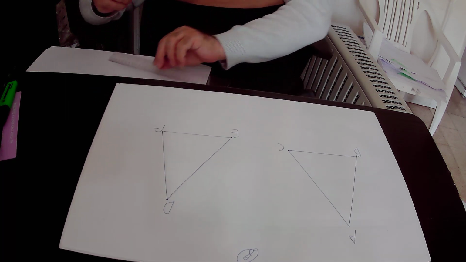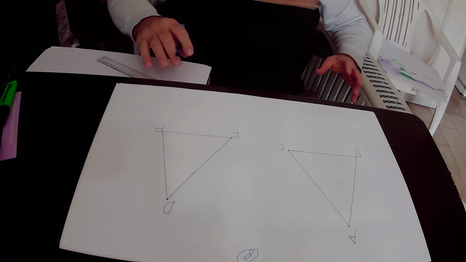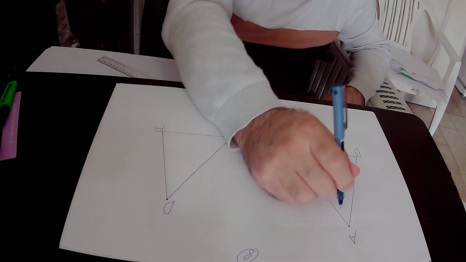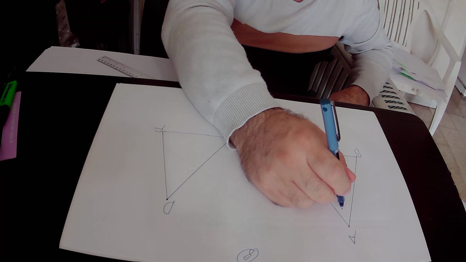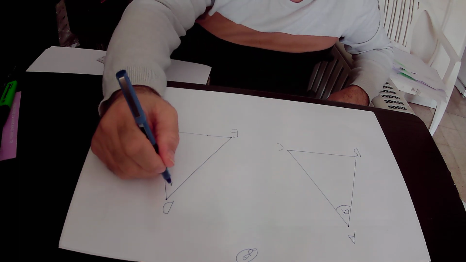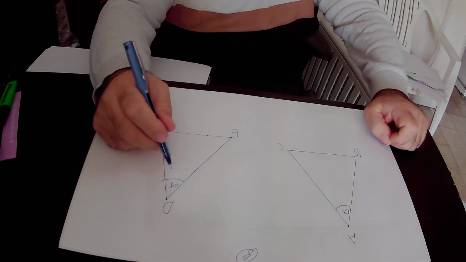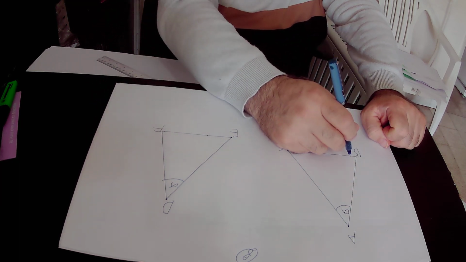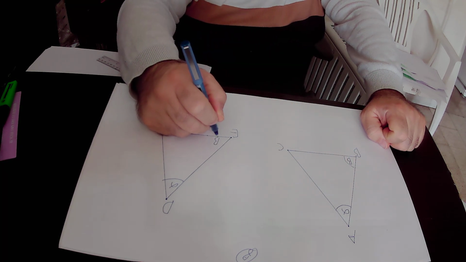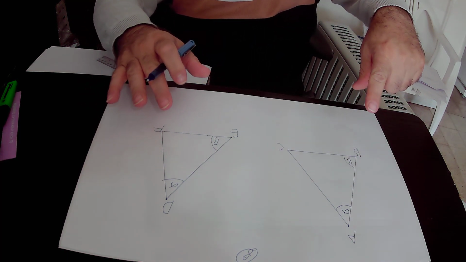And two pairs of angles congruent in those two triangles. Here we have the first pair of angles that are congruent, angle alpha congruent to angle alpha. This is the first pair of angles that are congruent in both triangles. And we have also the second pair of angles that are congruent to each other. Angle beta is congruent to angle beta. So we have here two pairs of angles that are congruent to each other in both triangles.